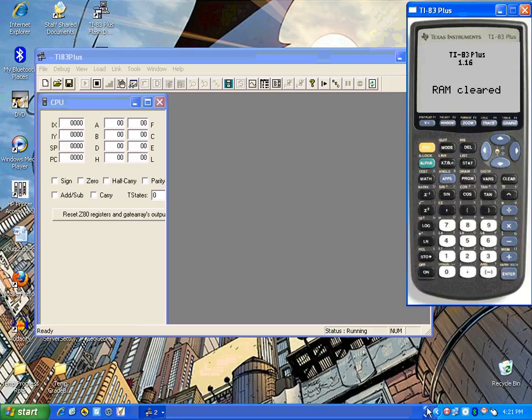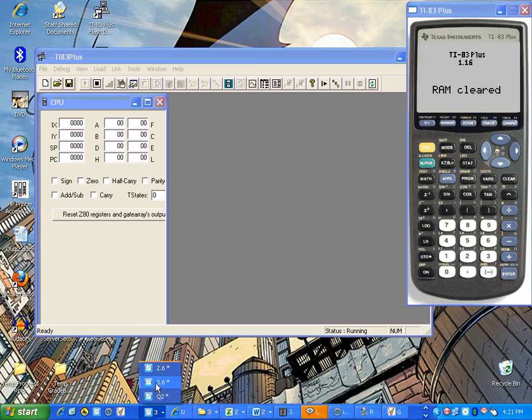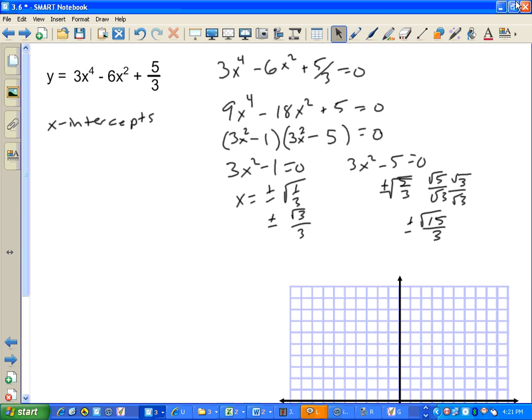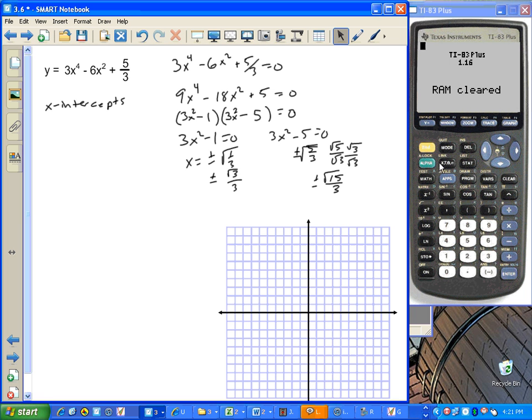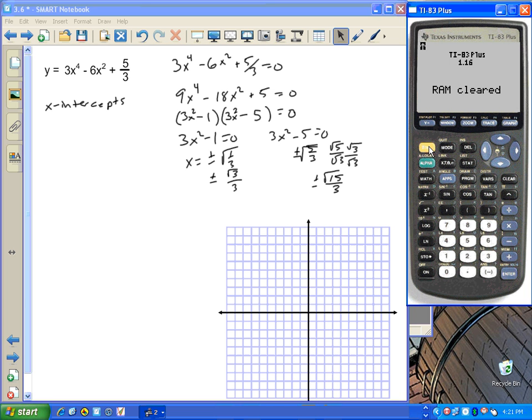Because we're going to want to get some decimals so we can actually put the points on our graph. So let's see what the square root of 3 over 3 is. Plus or minus 5.78, or 5.77, so we'll just do 5.8.